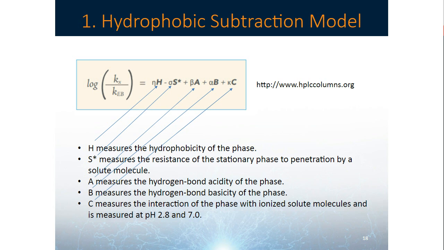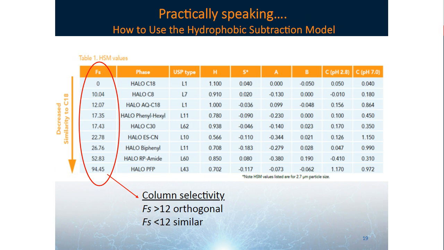So if you know you have a C18 phase, for instance, and you want to know what is the most different or orthogonal in terms of its selectivity, you can go to the website and compare the columns to each other.